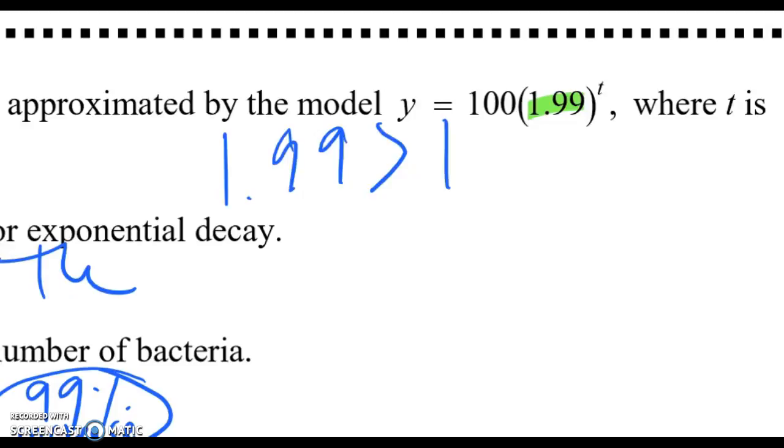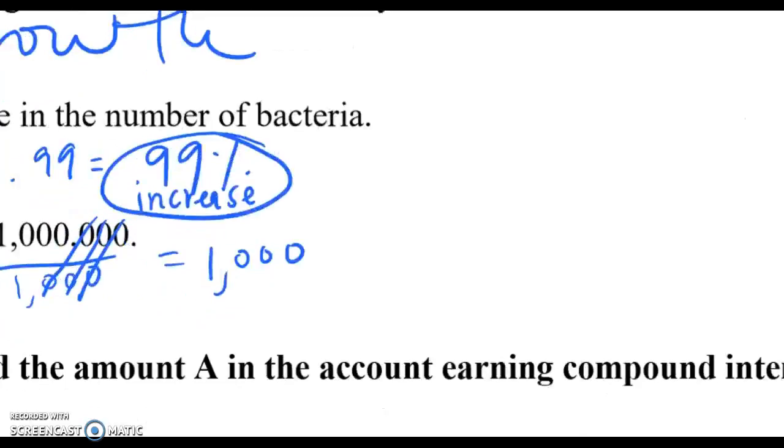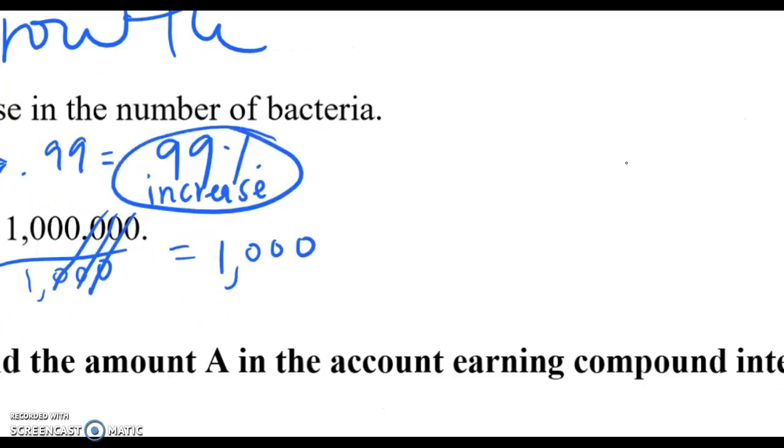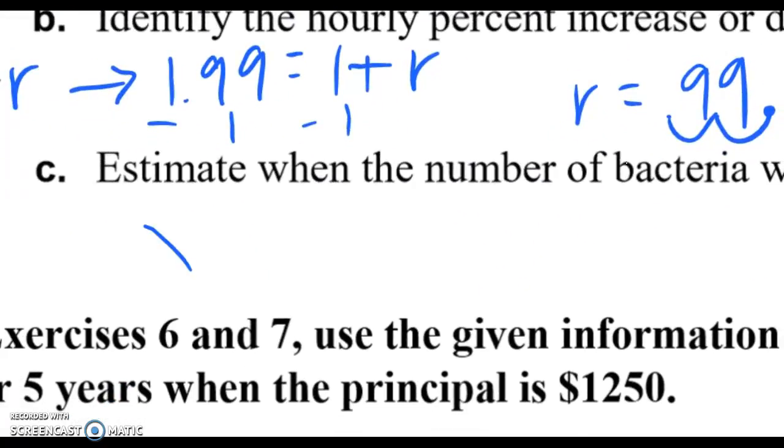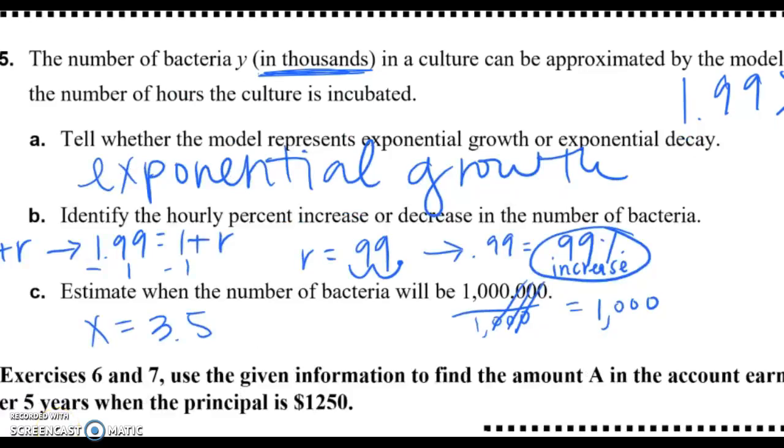So you're going to plug this function in. Y equals 100 times 1.99 to the t power. Instead of t, you're going to write x. And you need to figure out when y is 1,000, what x is going to be. Once you get to class, you can figure that out, but it should be x equals 3.5. And remember that t represents the number of hours, so it's going to be approximately 3.5 hours.